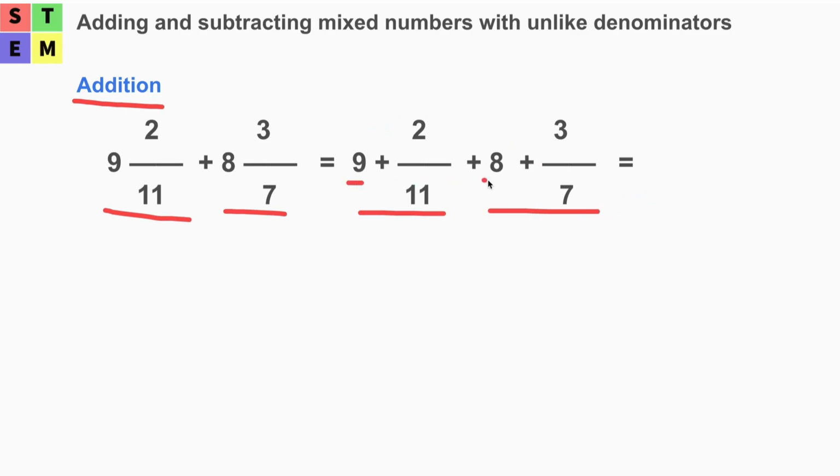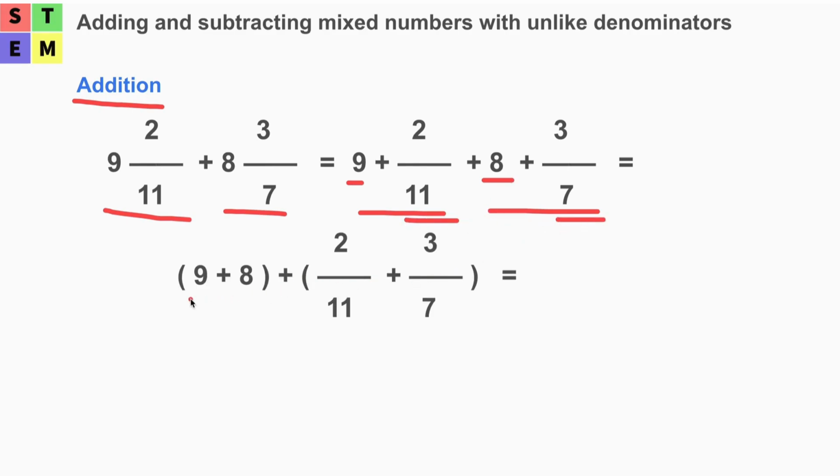So we're gonna switch, right? We got the number and we got the fraction there. So we're gonna first calculate 9 plus 8, and then 2 over 11 plus 3 over 7, right? Again, for the fractions, let's find the least common denominator and do the calculation.